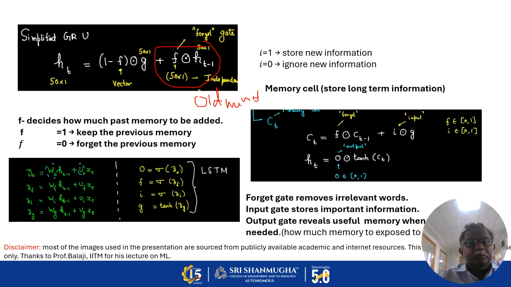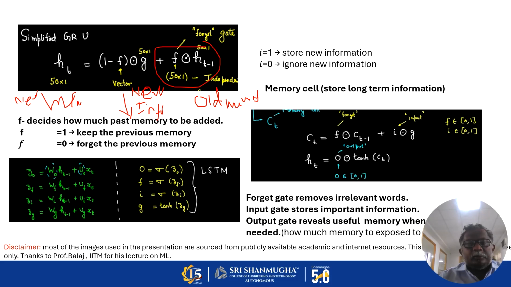The new memory is the new information, so the hidden state is the summation of new information and the old memory.